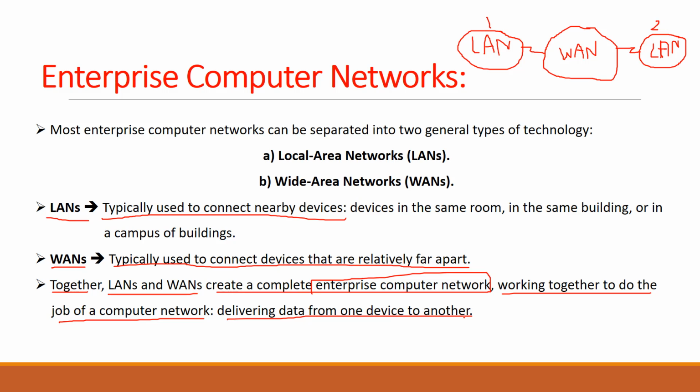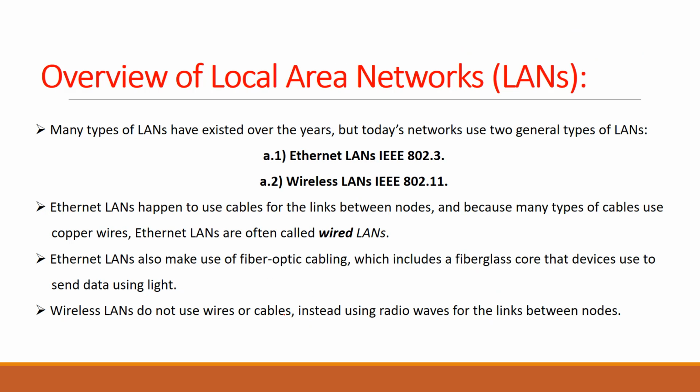LANs connect nearby devices, and WANs connect devices that are relatively far apart. So let's give an overview of the local area networks. We will start with LANs, and then we will discuss WANs in a later video.